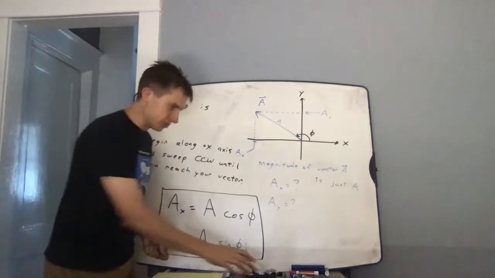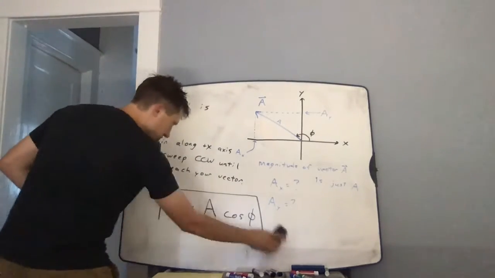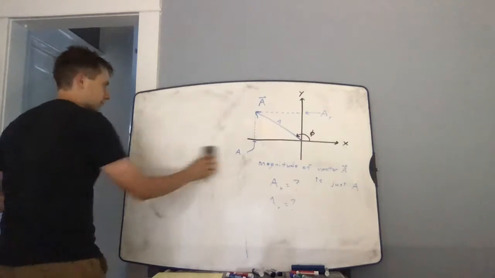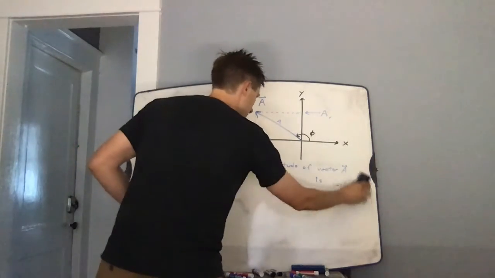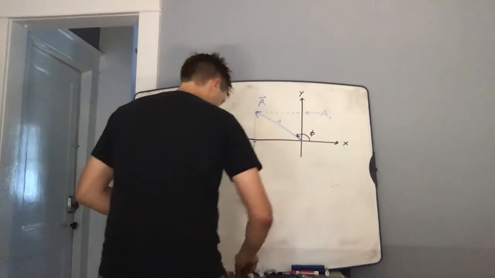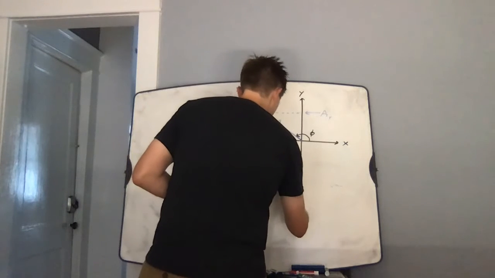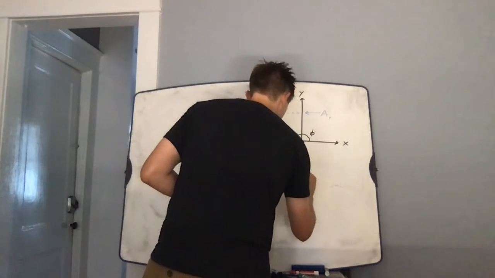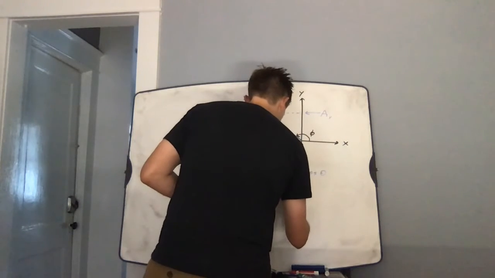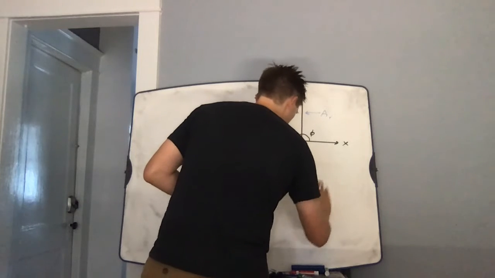To see this result, think about in high school when you learned about the unit circle. So let's draw the unit circle out. So we will say this is AX, and we said AX equals A cos phi, AY equals A sine phi.